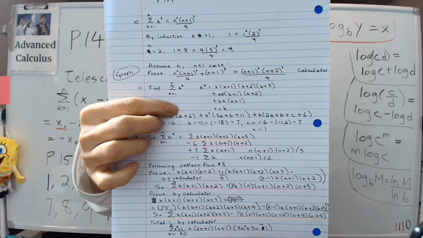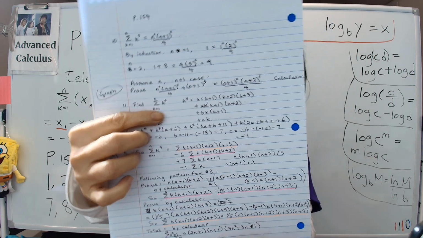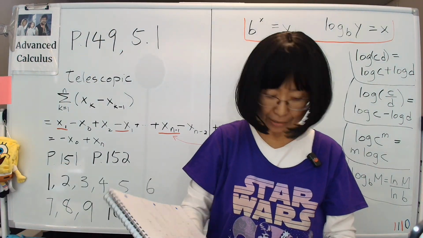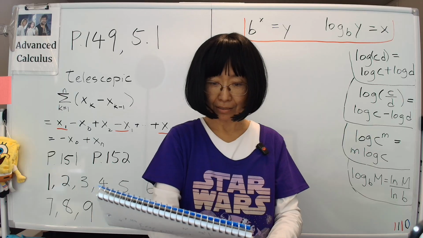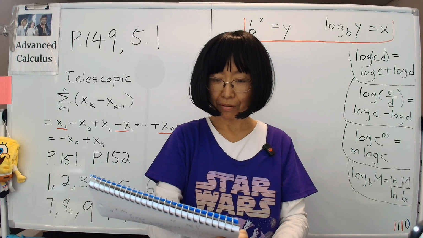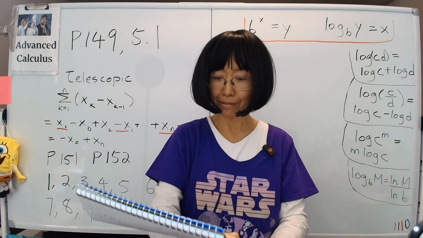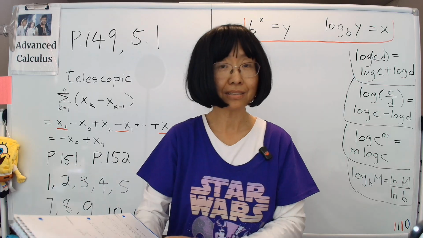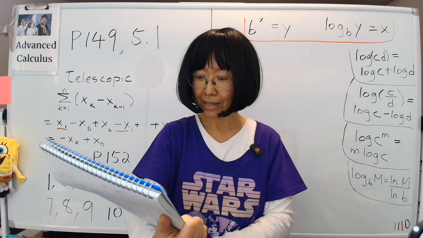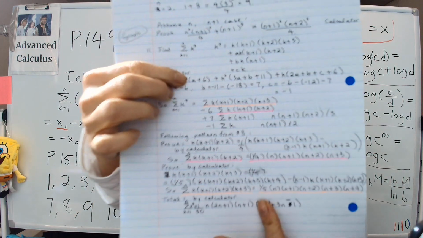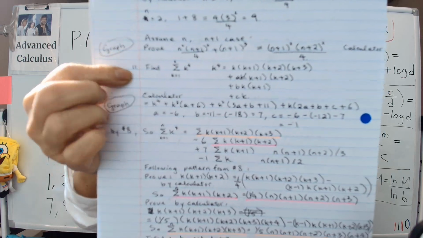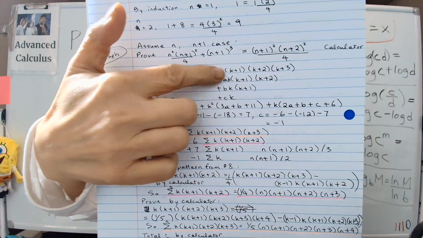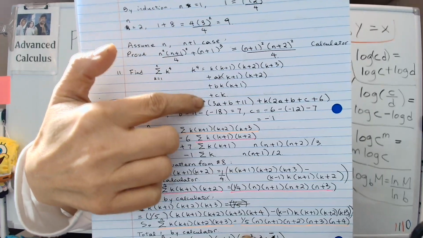Problem 11 says we need to now find the sum of k to the 4th power. And so far, we have found the sum of k to the power up to 3, right? Problem 10, yeah, problem 10, 3. So let's crank out 4. And here's a hint. The hint is we're going to write k to the 4th as this particular thing, okay? If it's possible.